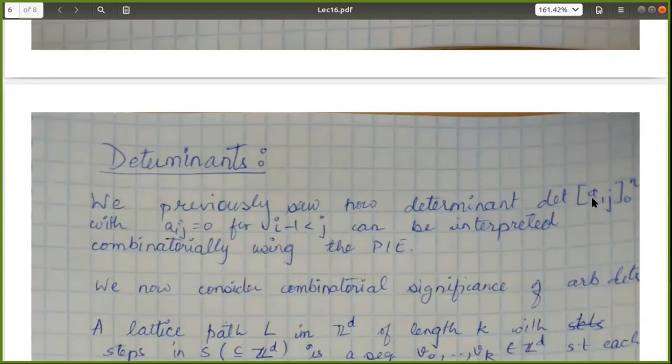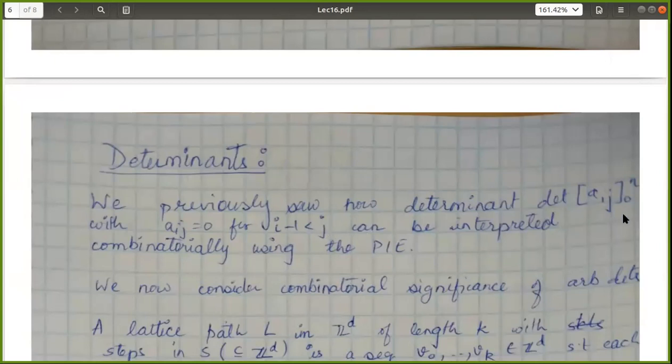See, remember earlier when we did this, we actually took the determinant of a matrix Aij, where the entries were not Aij but Aij plus 1. The entries were given by Fij plus 1. So to keep that index the same, now it is Aij for i minus 1 less than j, or equivalently i less than j plus 1.